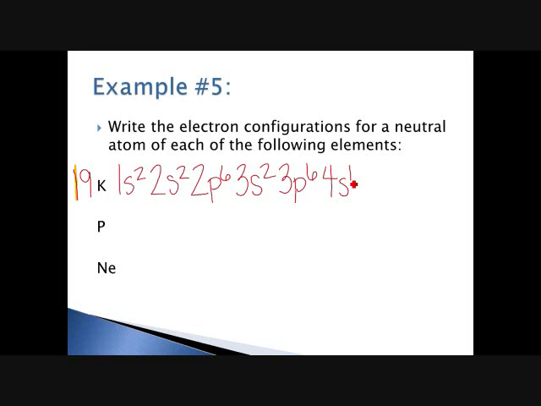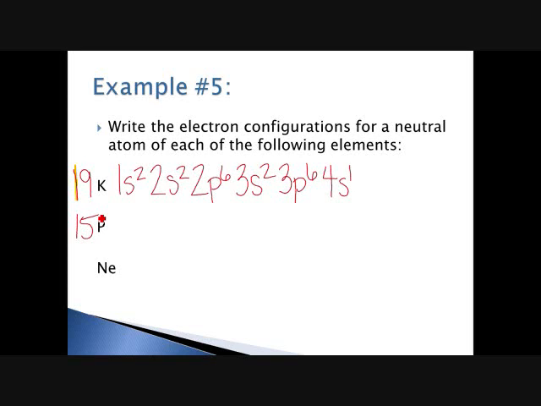Okay. Let's do another one. So the P, what's P stand for? Phosphorus. How many electrons for phosphorus? 15? Okay, so that means it's going to be shorter than the potassium was because there's fewer electrons. So we start right back at the beginning though.